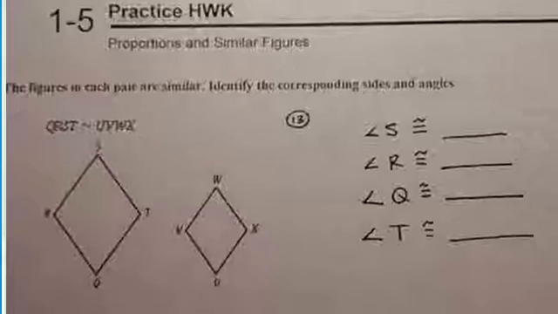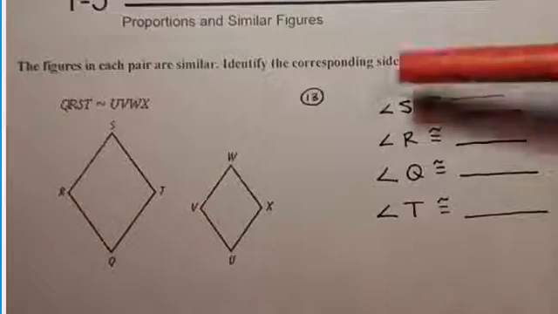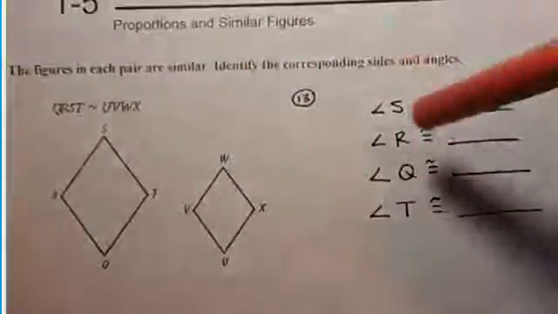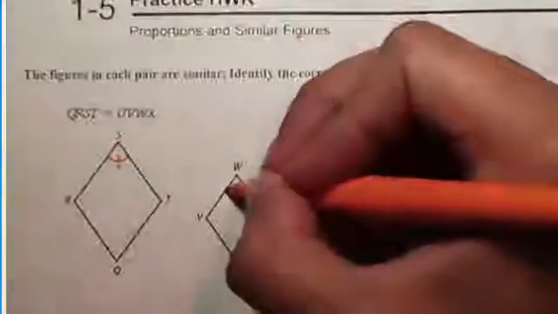On the back, 13 through 15, this was our similar figures. It says the figures in each pair are similar. Identify the corresponding sides and angles. Let's just do angles here. So what I'm looking for in number 13 is angle S. If this is my angle S, what angle is that corresponding to on the smaller one?